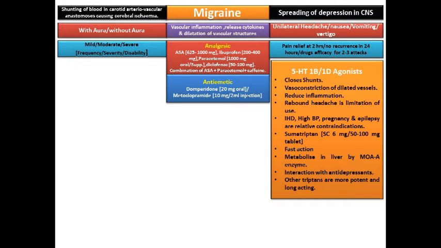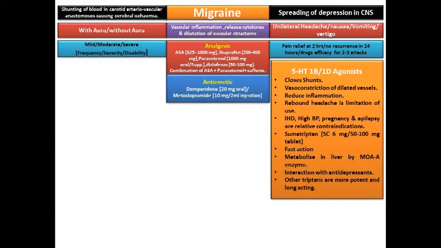Ischemic heart disease, high blood pressure, pregnancy and epilepsy are relative contraindications for the use of these drugs because serotonin itself is a vasoconstrictor. So don't expect it to be given safely for patients with high blood pressure or chest pain. So these are limitations when you use a serotonin agonist drug like sumatriptan.